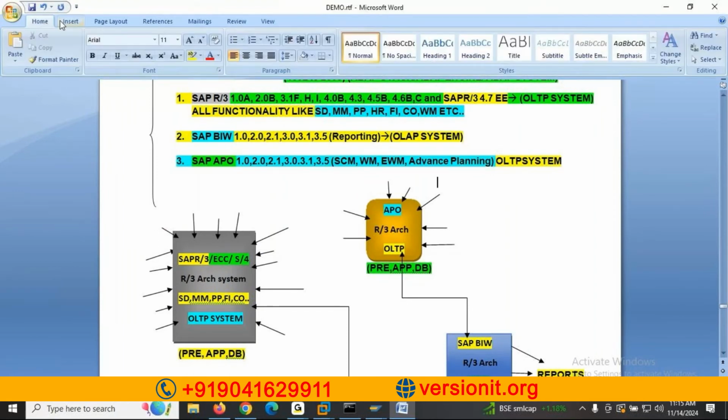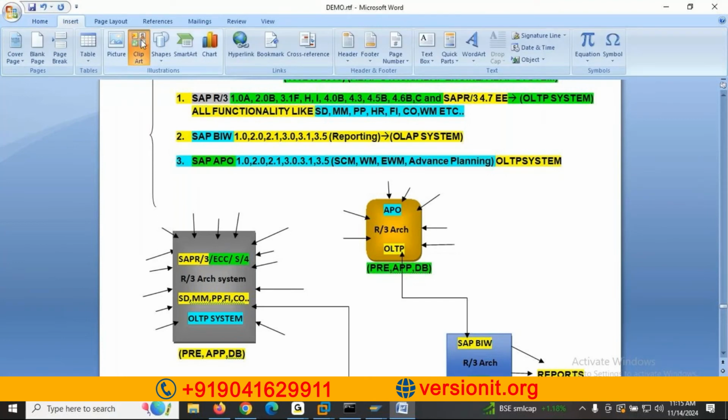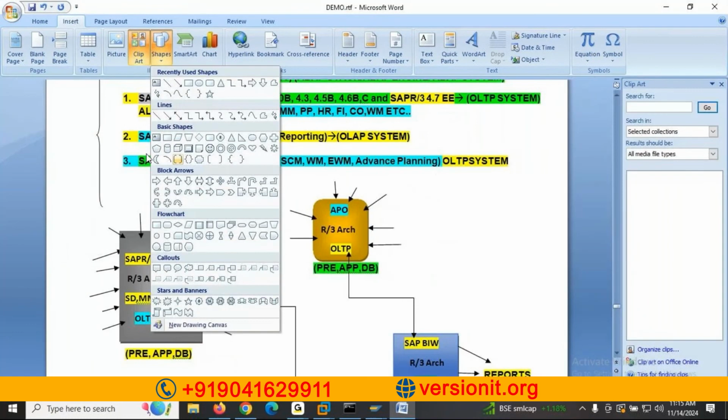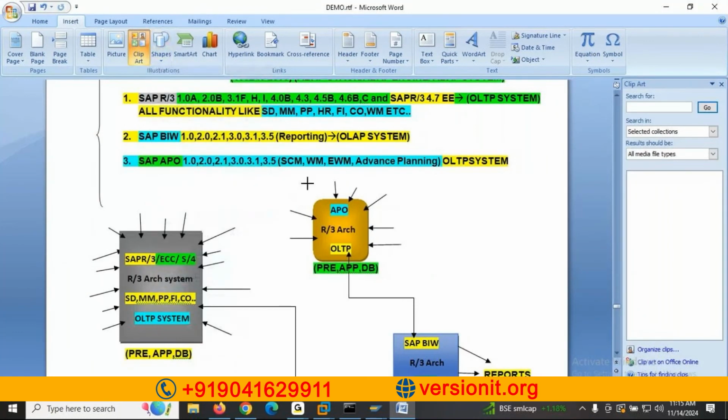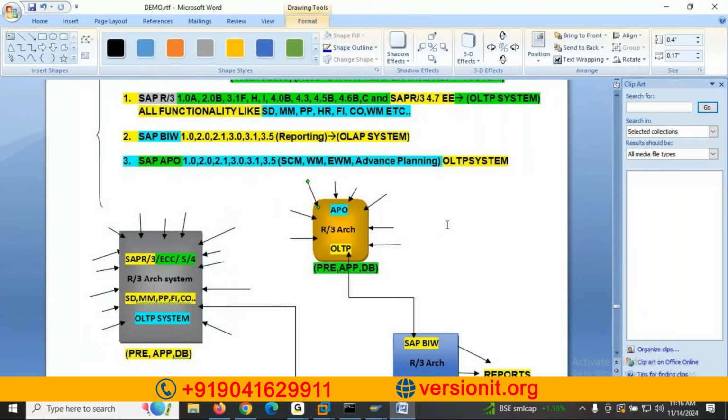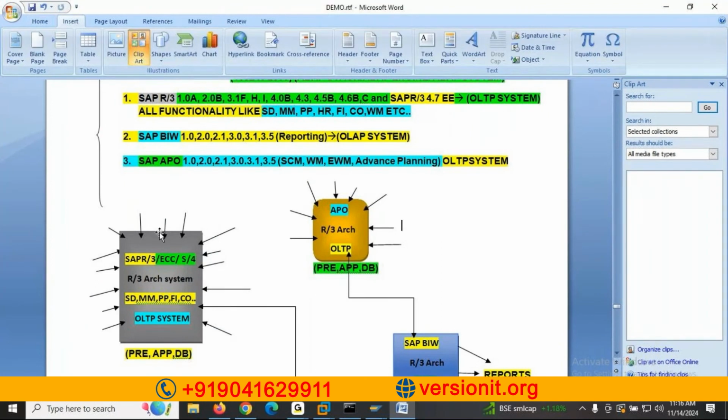Guys, don't you worry. If you are a basis guy, if you have one system or multiple systems, our work doesn't change. The only thing is I'll be monitoring one system landscape only. You'll be having plenty of R3 systems as development, quality, sandbox, training, unit testing 1, unit testing 2, production and all.